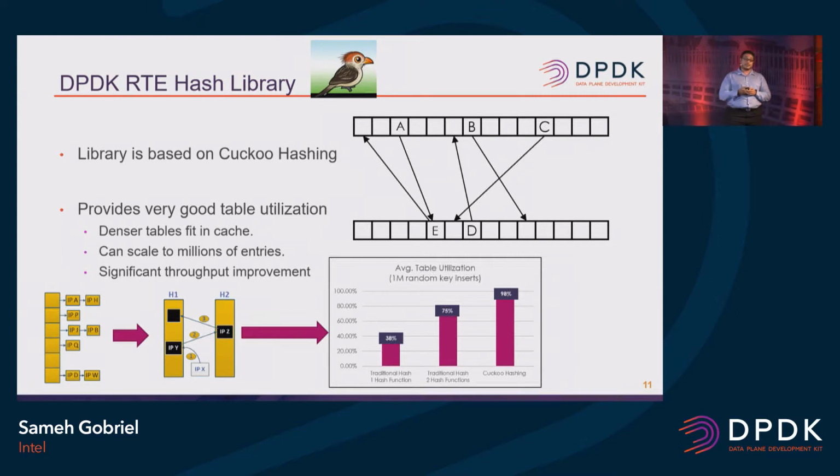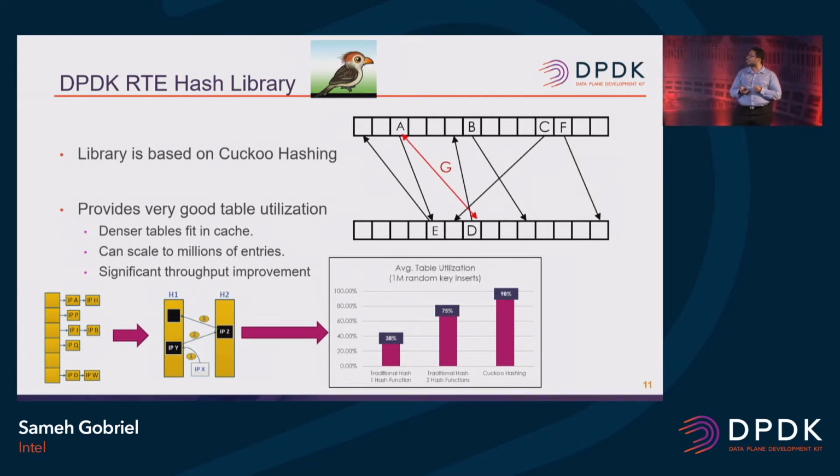The basic idea of cuckoo hashing is that every key to be inserted in the hash table gets two possible locations in the hash table. So a key F, for example, can go into either a primary location or a secondary location. Both of them are available, so it goes to its primary one.